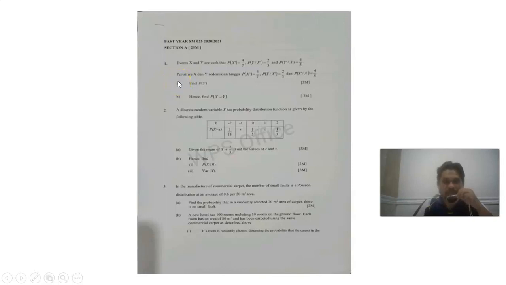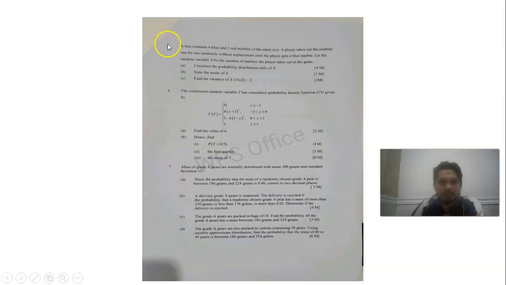Section A provides 25 marks with 3 questions: question 1, 2, and 3. Section B is 75 marks with 7 questions: 1, 2, 3, 4, 5, 6, and 7.